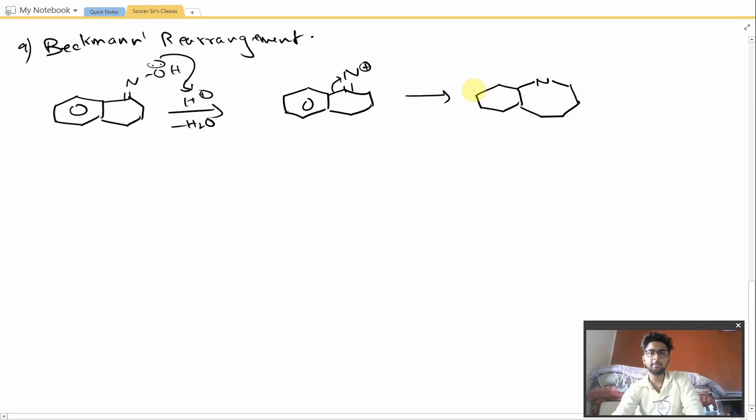Here would be the double bond, and here would be the positive charge. Water attacks over here, and H plus is released. So this is formed.